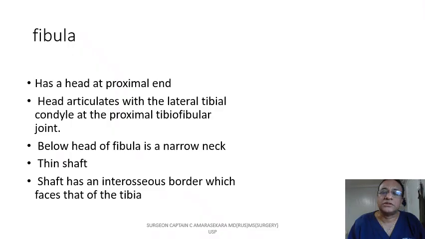This joint allows slight movement. The proximal tibio-fibular joint has minimal movement, accommodating a little bit of ankle motion and load transmission.